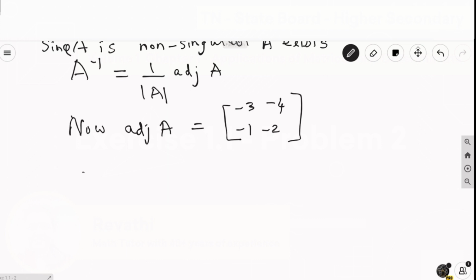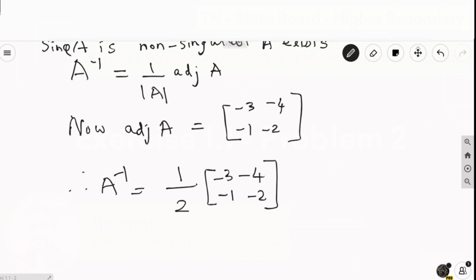Therefore, now A inverse is equal to 1 by the determinant value. The determinant value was 2, we saw it before, and then this adjoint should be written at the side. That's over for this first one.